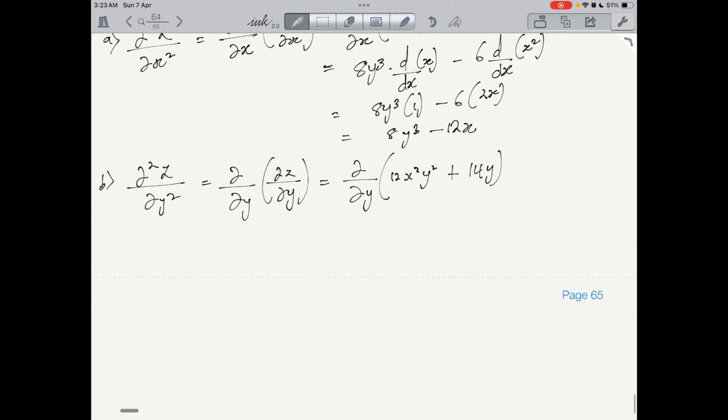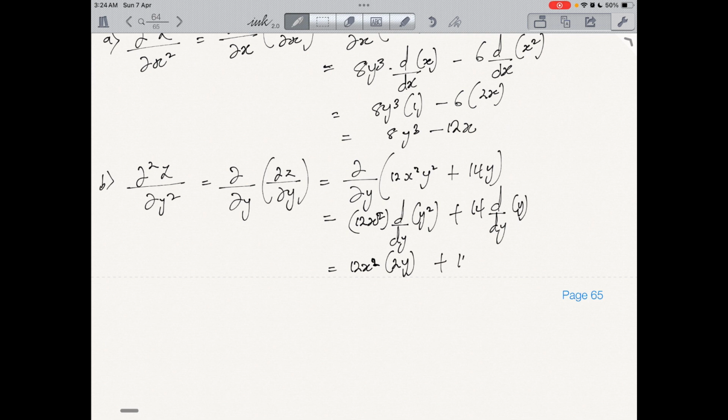Now, since we are differentiating partially with respect to y, our x is assumed constant. That will give us 12x squared, and we fully differentiate y squared, plus 14 and full differentiation of y. So we have 12x squared multiplied by 2y plus 14 multiplied by 1. And our answer will be 24x squared y plus 14.